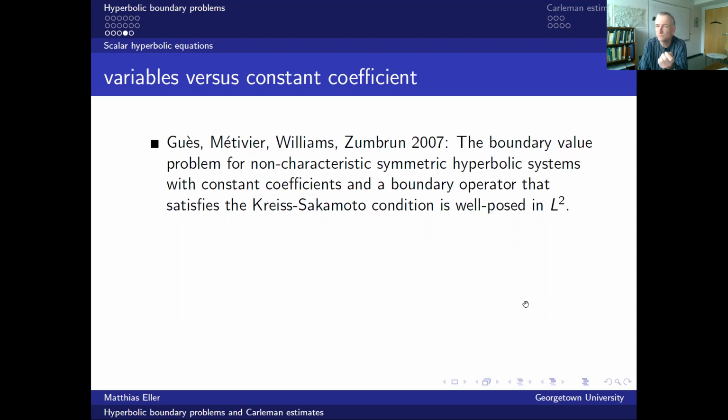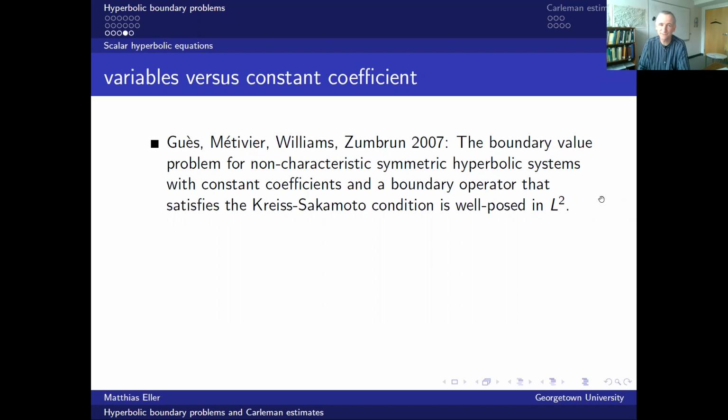And that has been used in the analysis of shock waves, which has basically also driven a lot of this progress in the French school by Métivier and his collaborators. But an interesting result here by them is the following: a boundary value problem for a non-characteristic symmetric hyperbolic system with constant coefficients and a boundary operator which satisfies Kreiss-Sakamoto is well posed in L2.